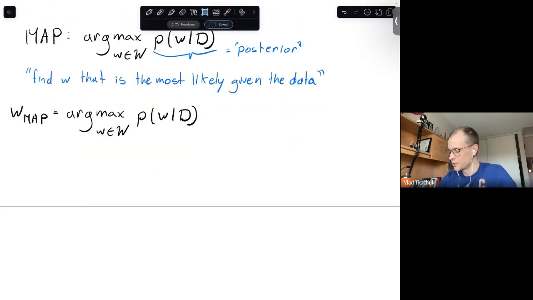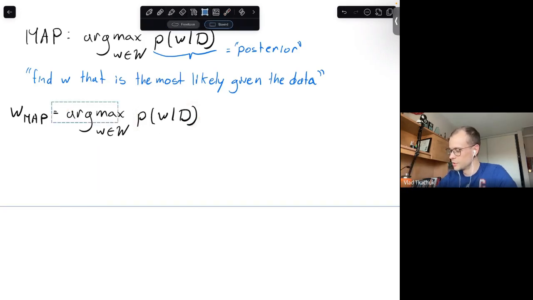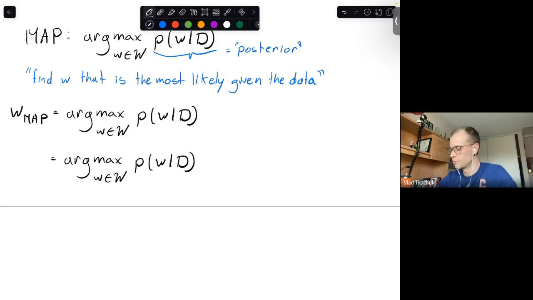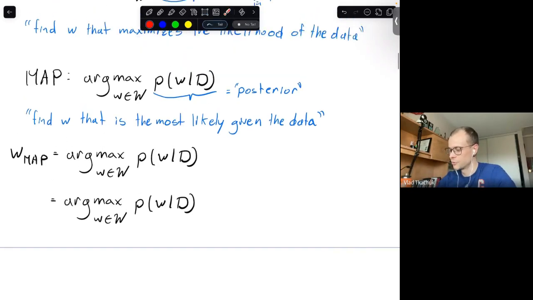Okay, so we have this argmax business, and I want to expand this to have some more intuition as to what's going on. So what I'm going to do is use the definition of conditional probabilities, or conditional PDFs. And at this point, I also want to mention that in MAP, we're actually going to think of W as being a random variable.